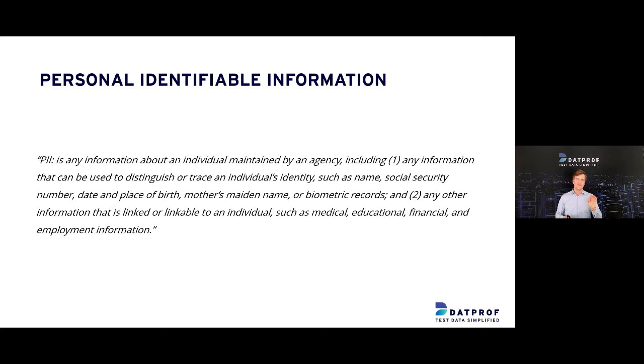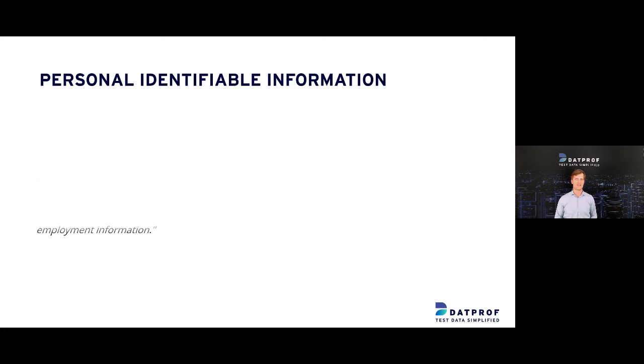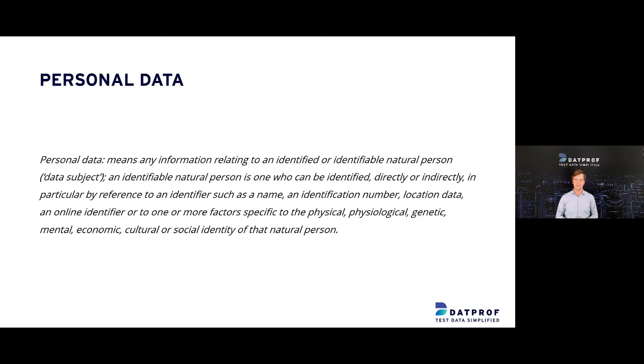But the thing is that PII data primarily originated from the United States. So in the United States, somebody made a definition of PII data. And the interesting part is if you read this text more thoroughly, it's talking about linked or linkable information. It's also talking about the more privacy sensitive information as well. And if you compare this definition to the definition used in the GDPR, it roughly seems the same.